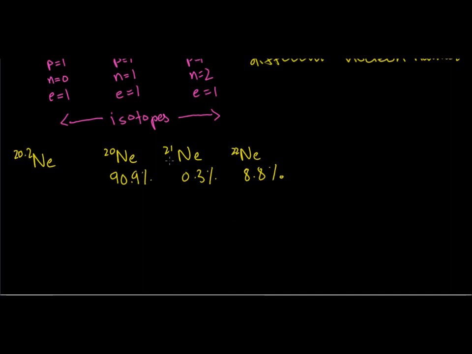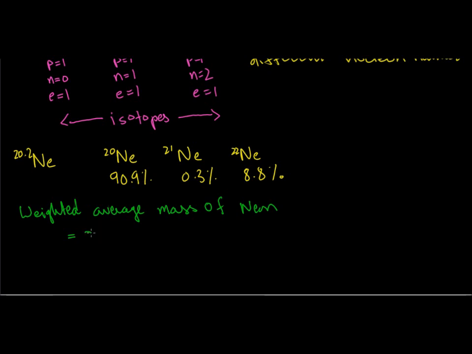So basically what we can do now is find the weighted average. The term they use here is the weighted average mass of neon. We can calculate this. This means that on average, if I picked up 1 kilo of neon, what would its weight be? To calculate this, it's pretty simple: you take its percent and you times it by the nucleon number.